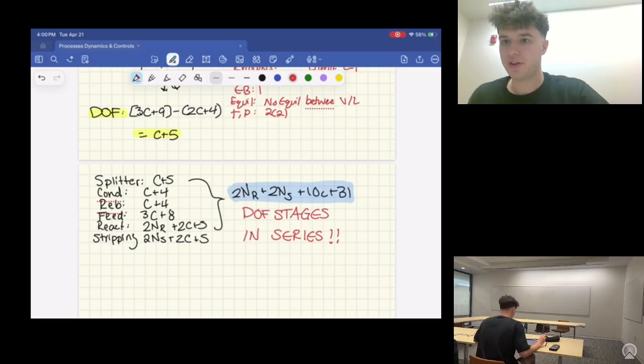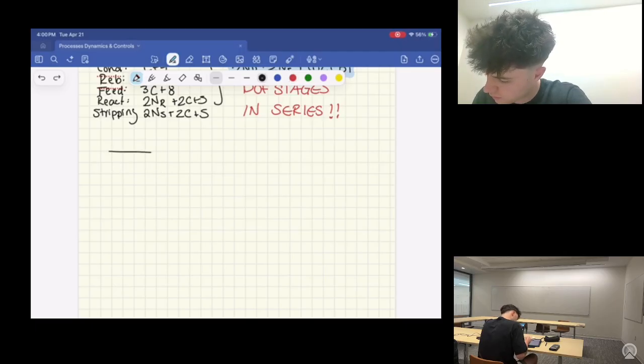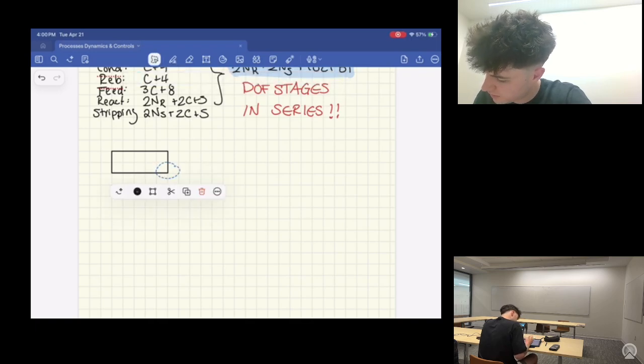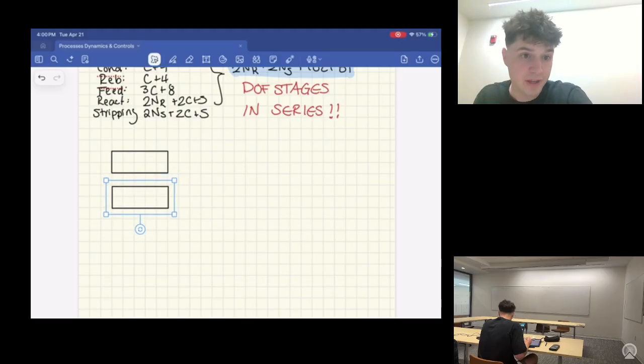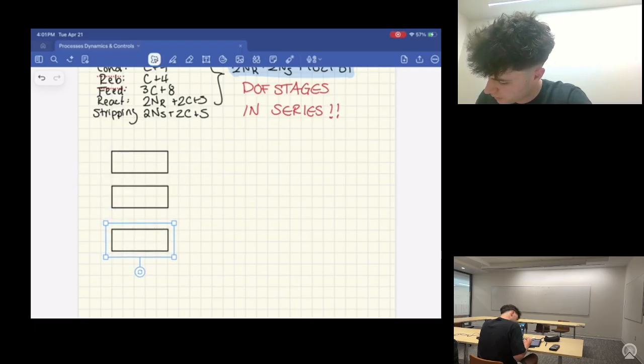So now we're going to be looking at the degrees of freedom for the entire distillation column. So what we do is we draw out this box. And we're going to duplicate this down, because there is going to be a total of 5 of these, but they will be a little bit different in each one.